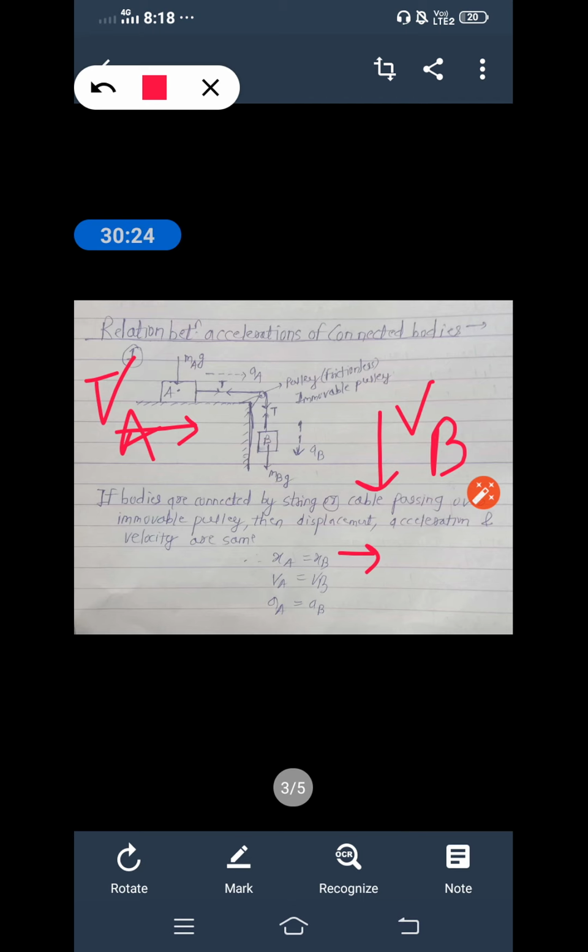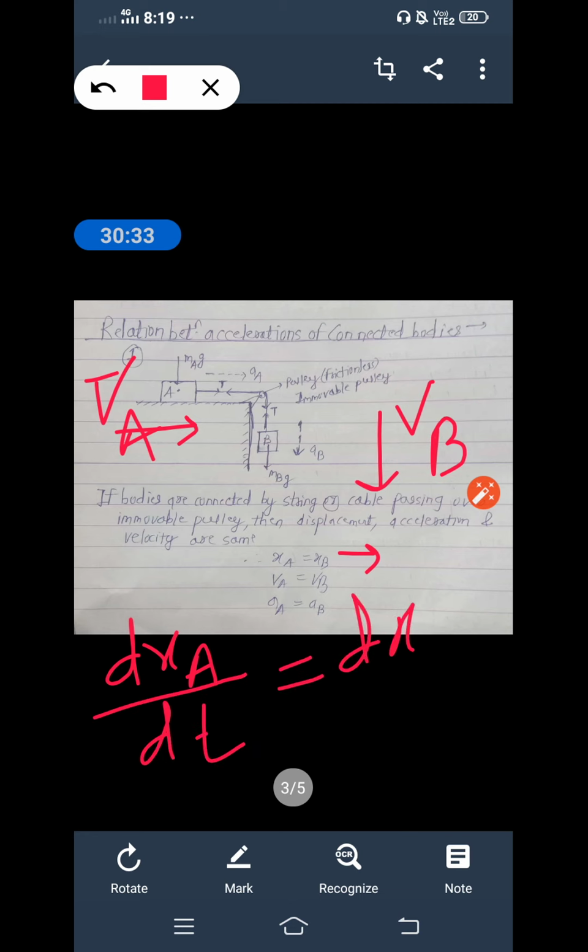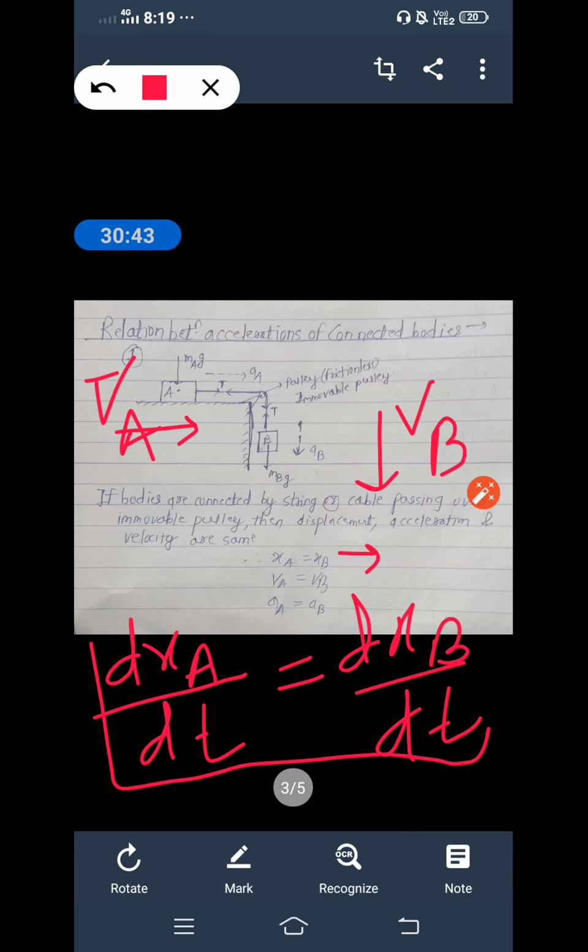What happens here? dXA divided by dt is equal to dXB divided by dt. We differentiate the first equation with respect to time. So now tell me, student, what is the meaning of this? This is nothing but VA equals VB. Velocity of block A is equal to velocity of block B.